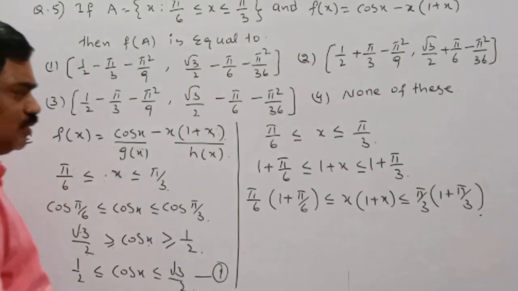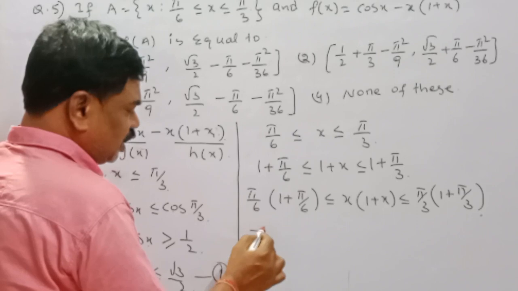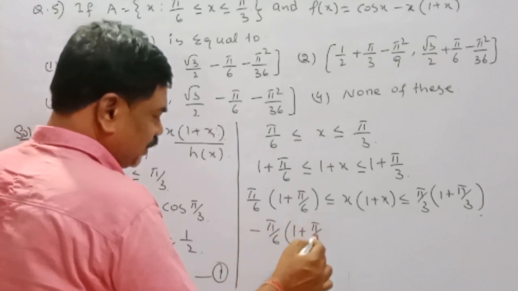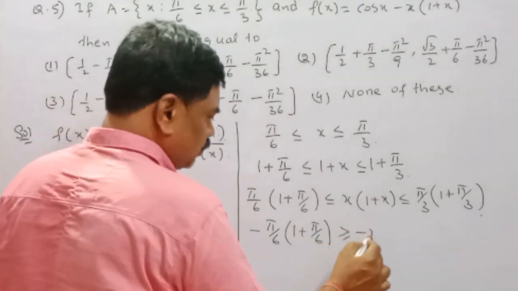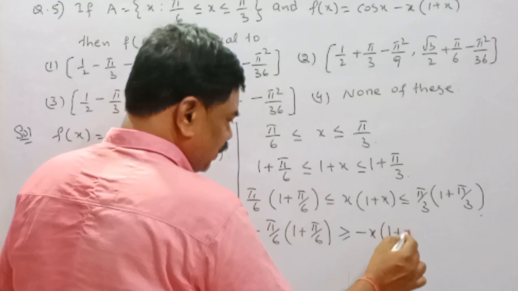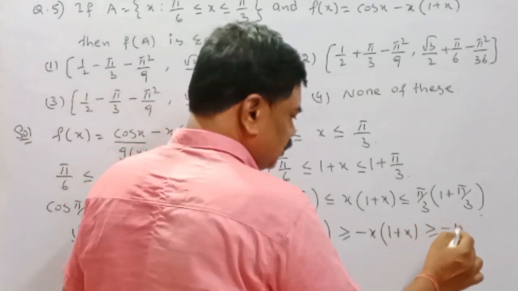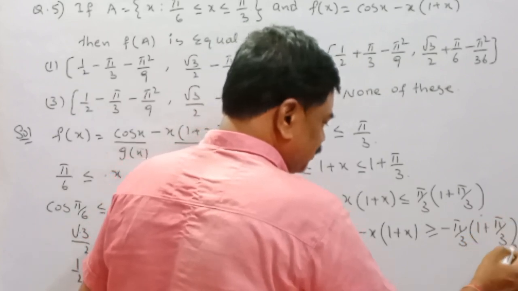Okay, all of you? Then minus of pi by 6 of 1 plus pi by 6 is greater than or equal to minus x(1 plus x) greater than or equal to minus pi by 3 of 1 plus pi by 3.